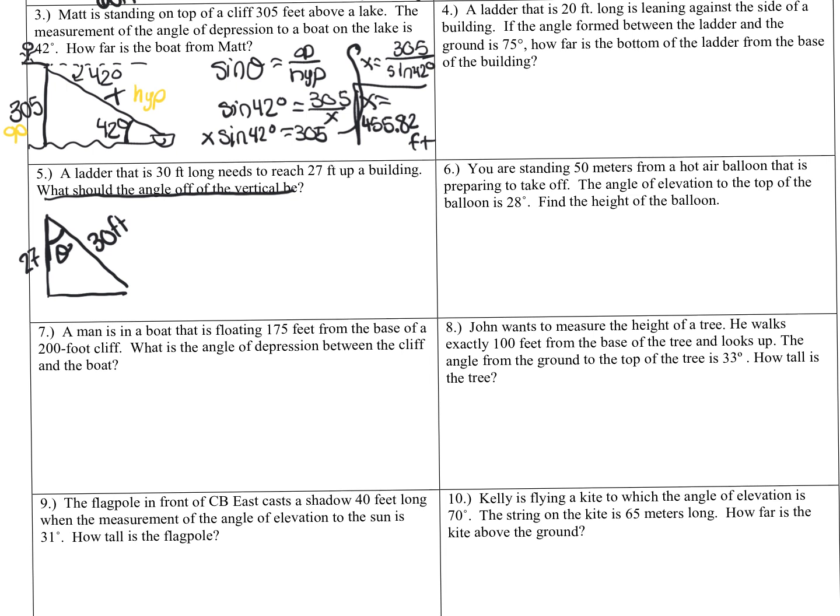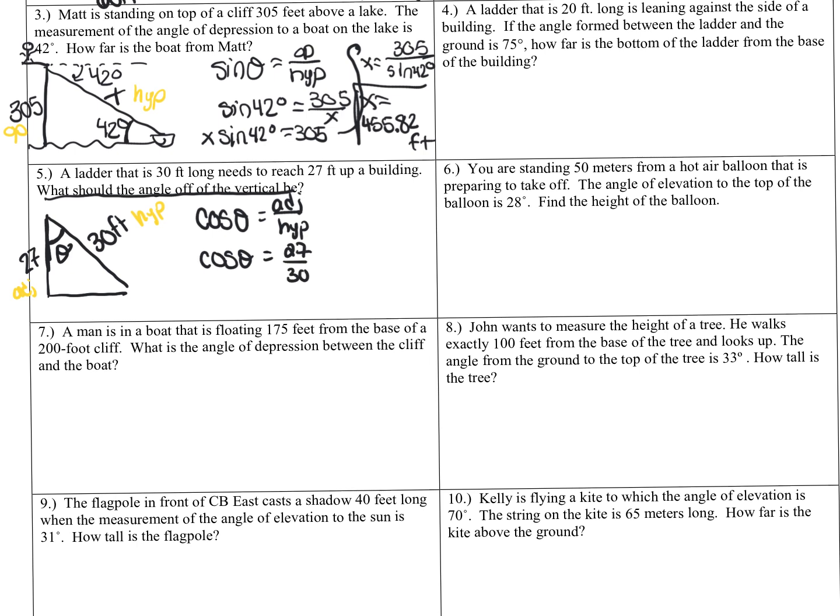So if you look at my angle, I have theta. This is the hypotenuse, and this is the adjacent. The trig function I want to use is cosine of theta equals adjacent over hypotenuse. So cosine of theta equals 27 over 30.